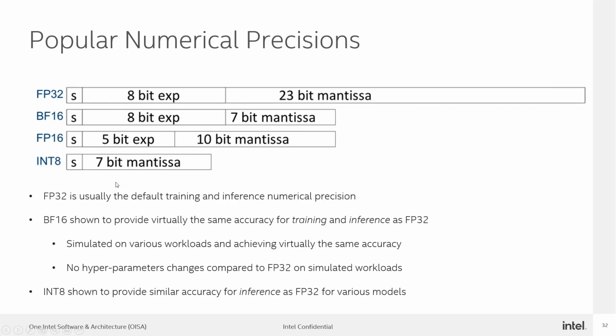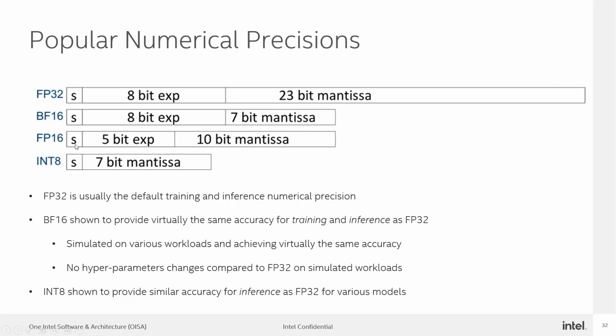FP32 is usually the default training and inference numerical precision. Generally it is the base data type. Bfloat16, shown here, provides virtually the same accuracy for training and inference as FP32. It's been simulated on various workloads and achieves virtually the same accuracy, and there's no hyperparameter change required compared to FP32 workloads.